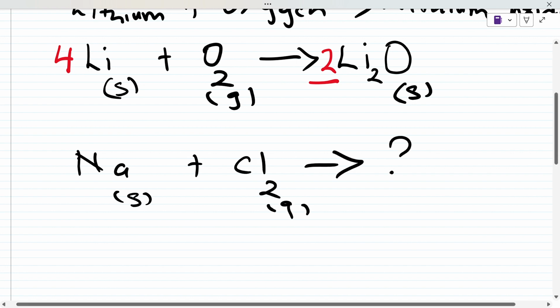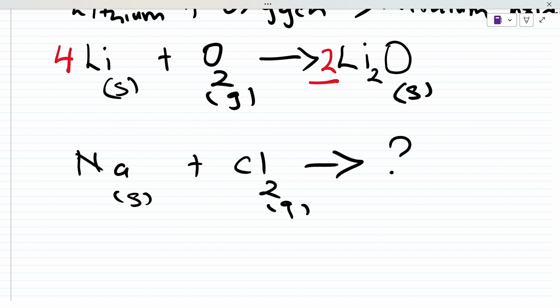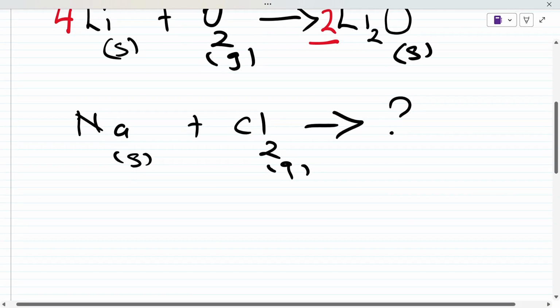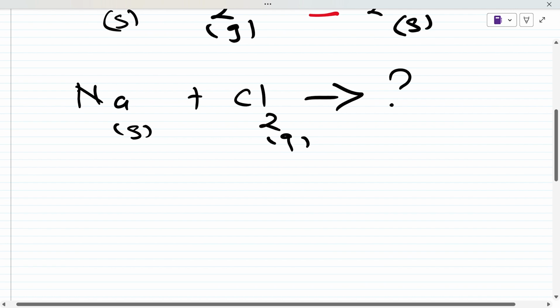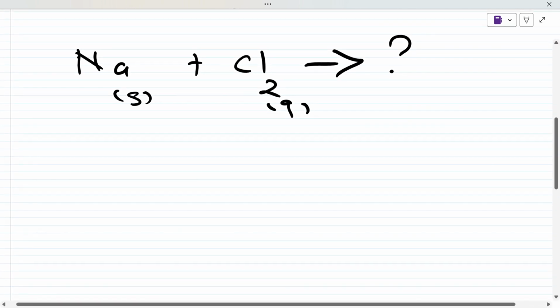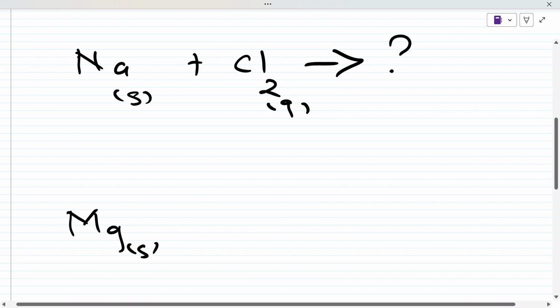What do you think is going to be formed? Give it a try. As you are doing that, I also want you to try magnesium, Mg, solid, plus bromine.